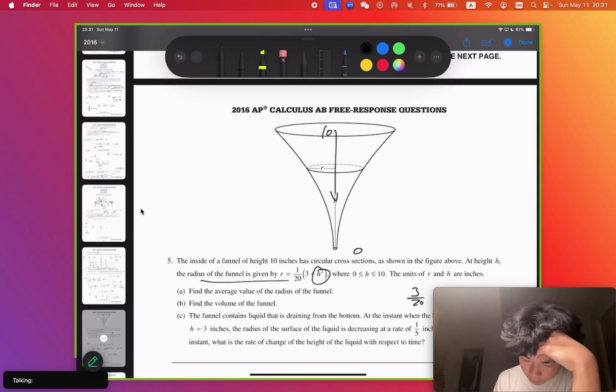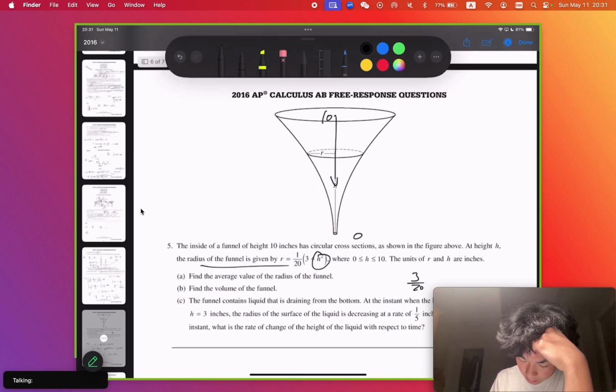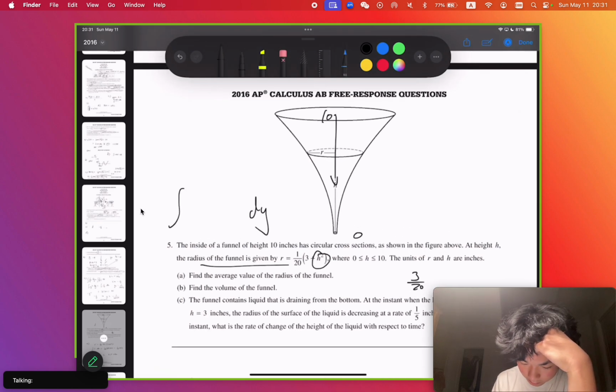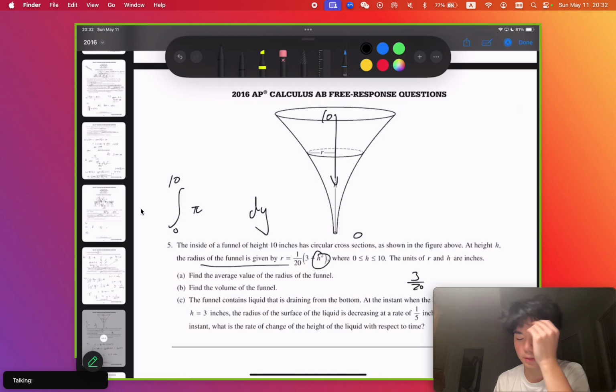So the volume of the funnel is pi r squared and then you want to multiply by a little piece of h. How do you represent h actually? It's just dx. Yeah, so it's this.